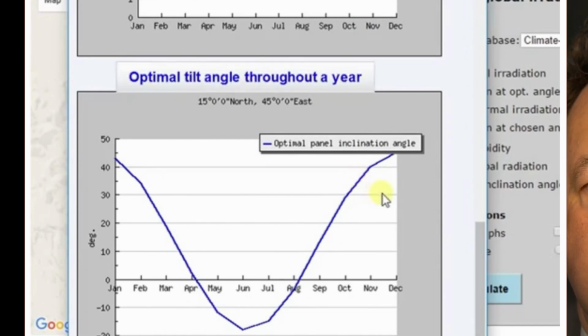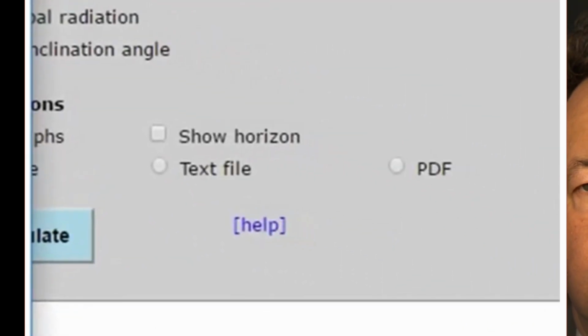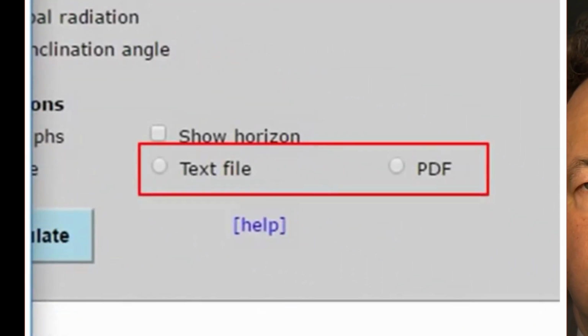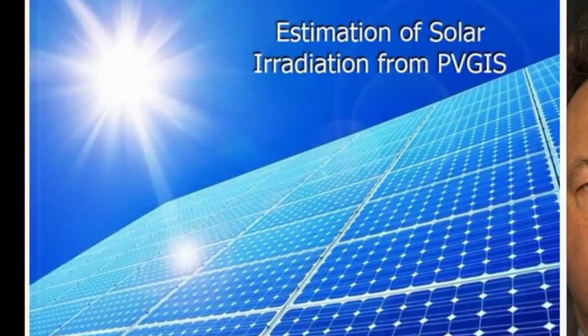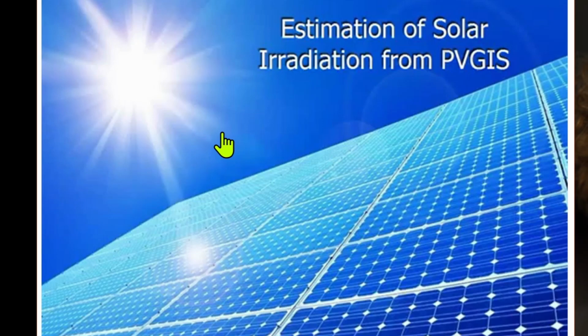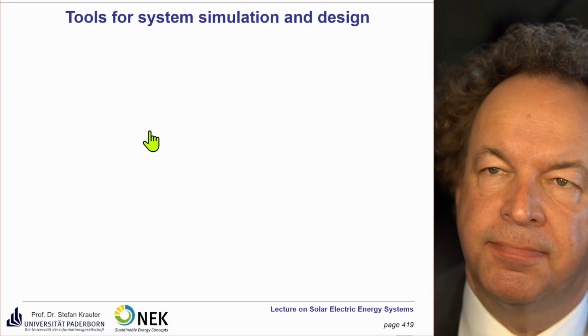Another graph shows how optimal tilt angle changes throughout the year. You can also save the results into a text file or PDF. This was the example using PVGIS for the irradiance potential.